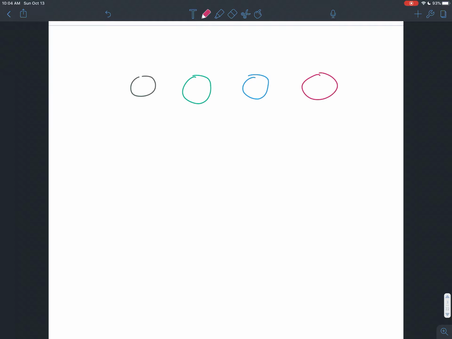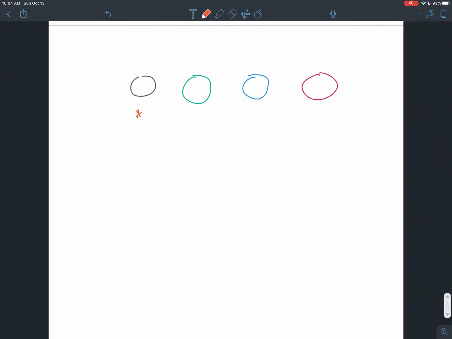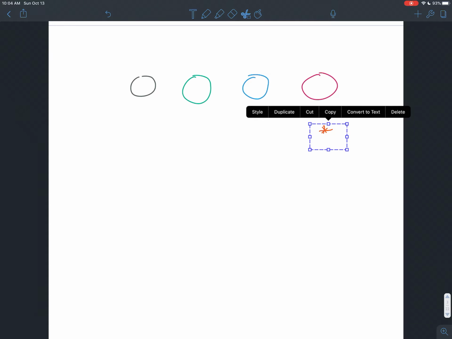There's only one way. Every single one of the quarters has to be heads. But how many ways can you get one tails and the rest heads? There are 4 ways. You could have the black one be tails and the rest heads. You could have the green one, the blue one, or the red one be tails and the rest heads. So there are 4 ways that you can get one tails and the rest heads.